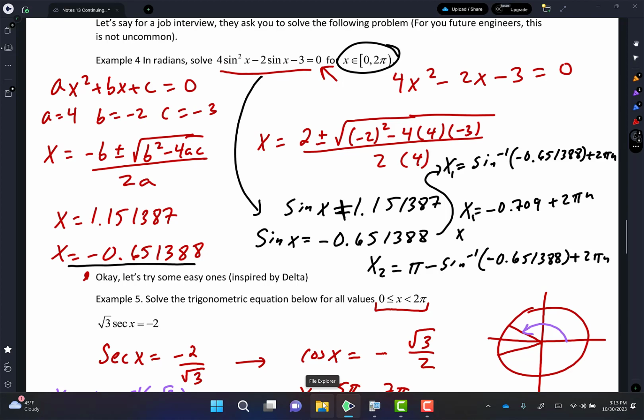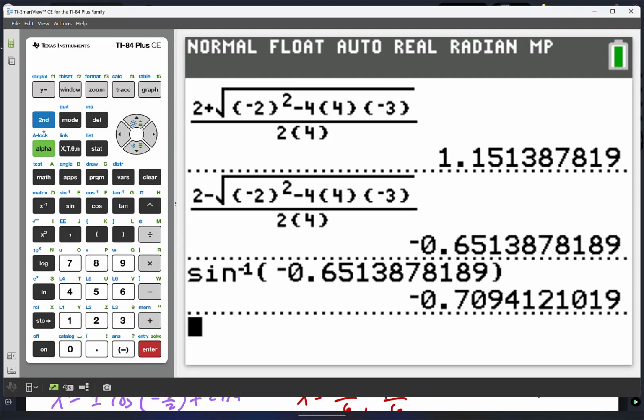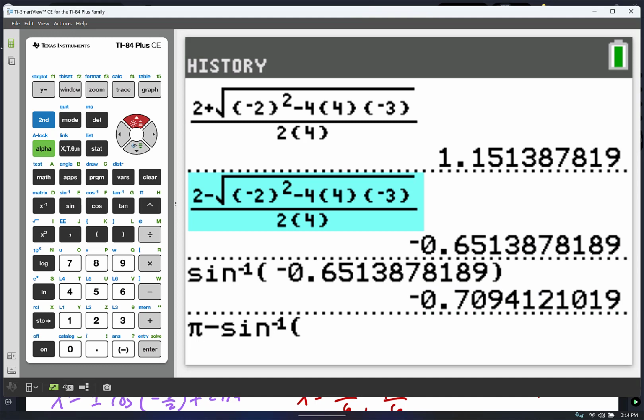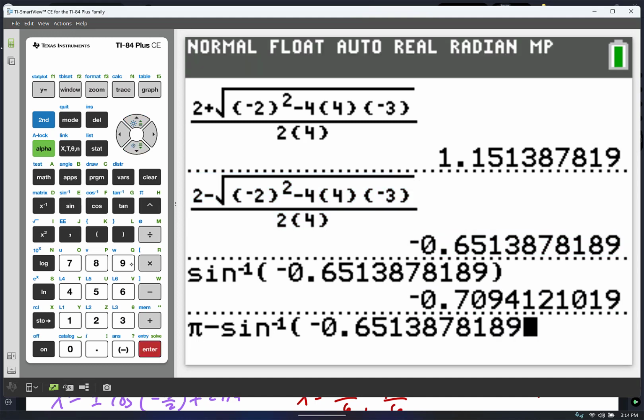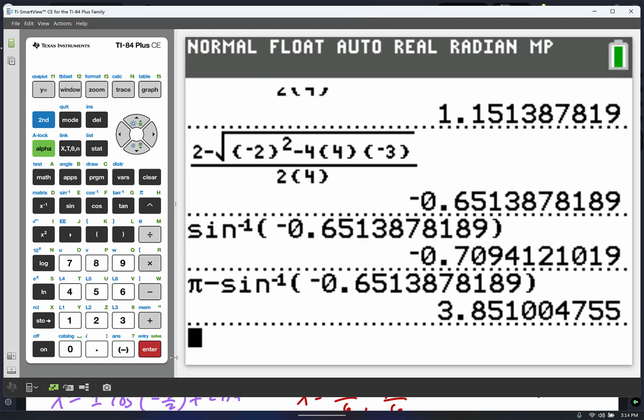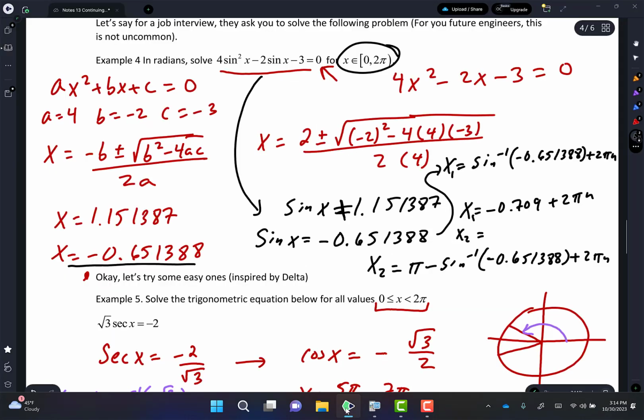That's x1. Here's x2. I'm going to do pi minus arc sine of this angle right there, or this radian, and then close, enter. 3.851. 3.851 plus 2 pi n.